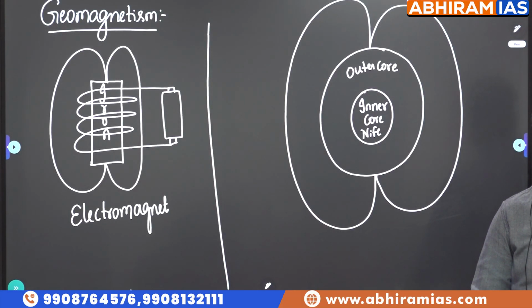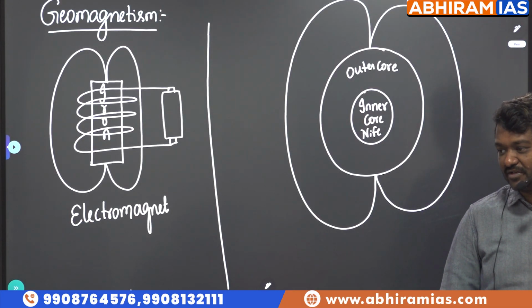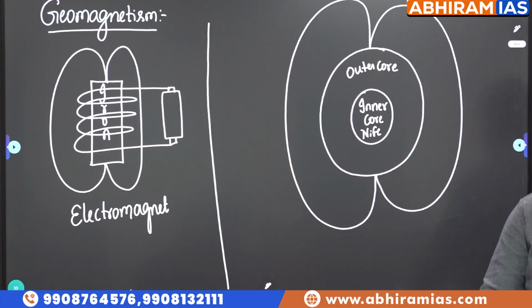Remember, if the planet is not rotating faster, there is no magnetic field. Second, there must be a liquid layer inside. Underline liquid layer. There must be a liquid layer inside.